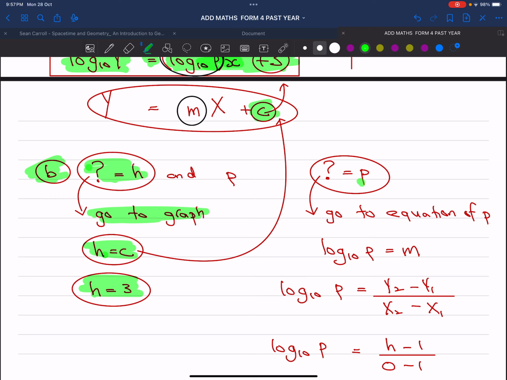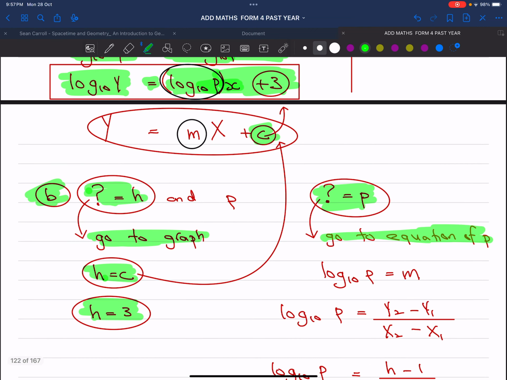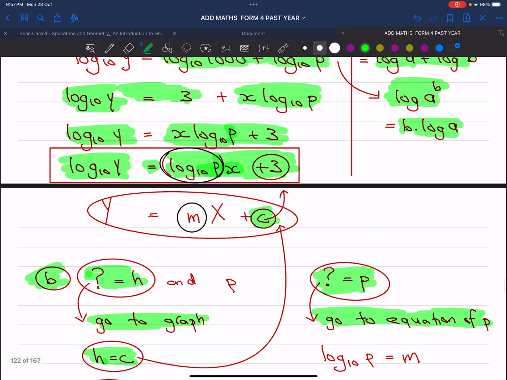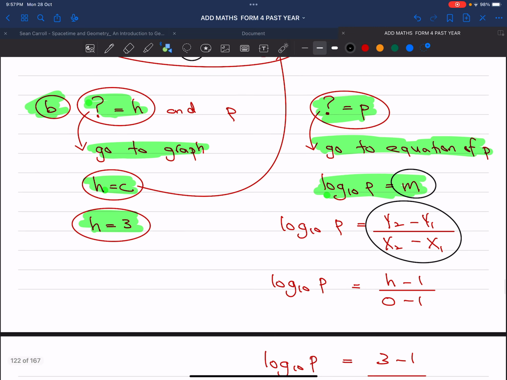Second part, find p. Now if you want to find p, you must go to the equation involving p, which was log p base 10 is m. And this m gradient, I'm going to use the formula gradient, which is y2 minus y1 over x2 minus x1.